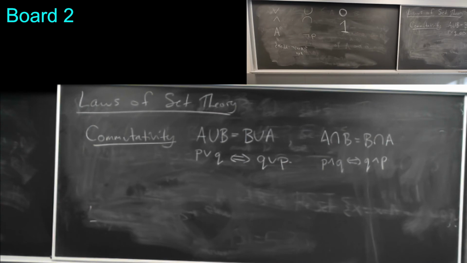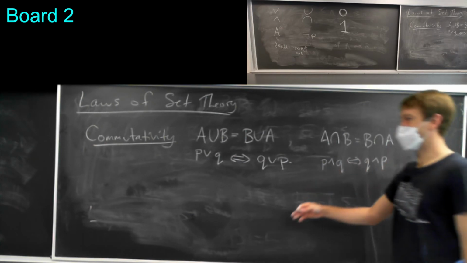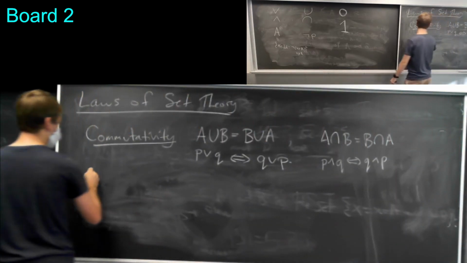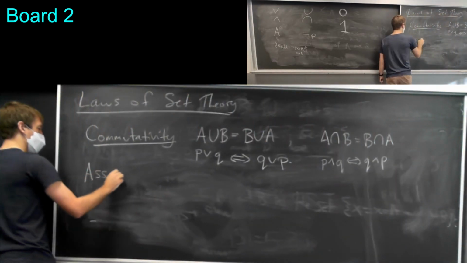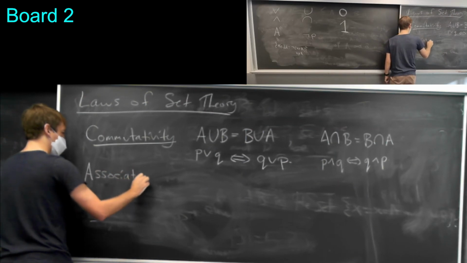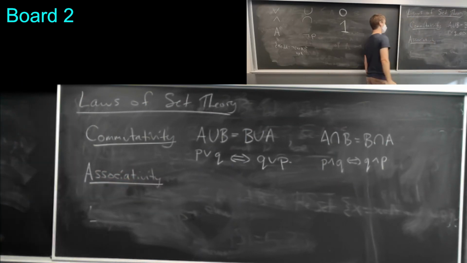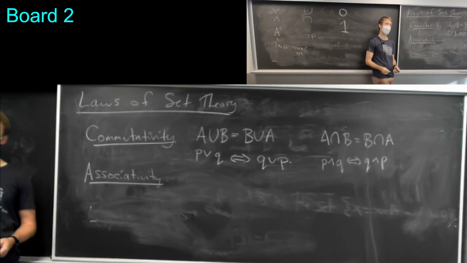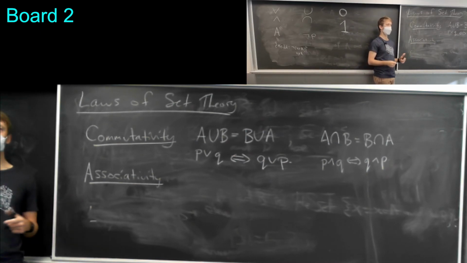Okay, so you see how you can probably guess most of these laws of set theory. Half the time I'll probably say the wrong thing, but how about associativity? This is one we didn't use that often in logic, but it is one of these laws. What should that be for sets? Any thoughts?